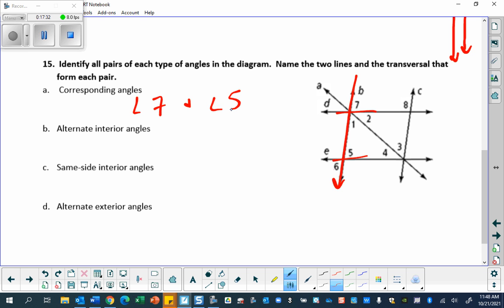If I'm talking about alternating interior angles, if I look at these 2 lines here with this transversal, my alternating interior angles, I have 3 and 1.